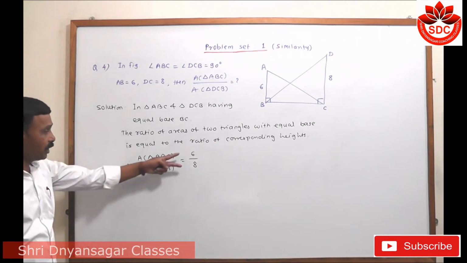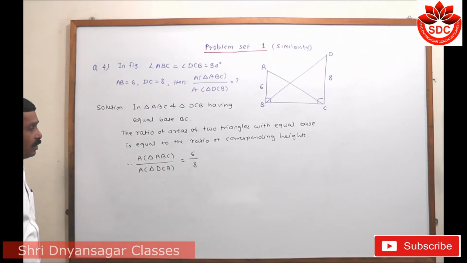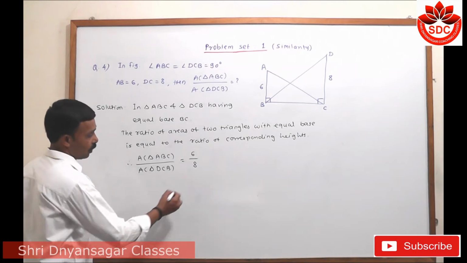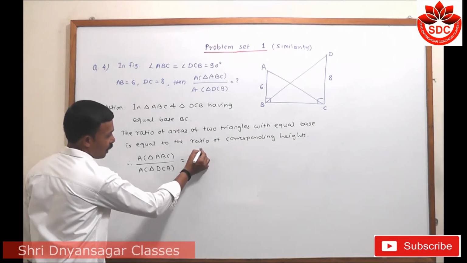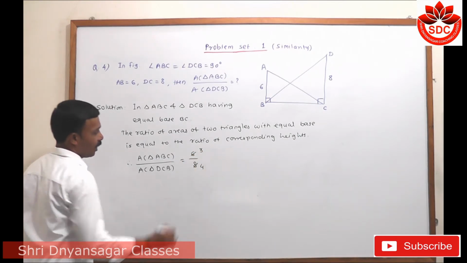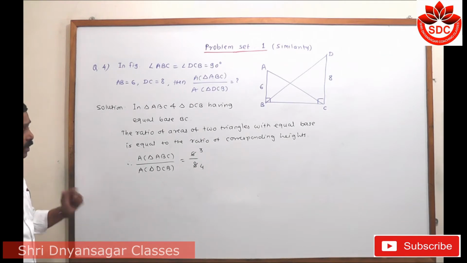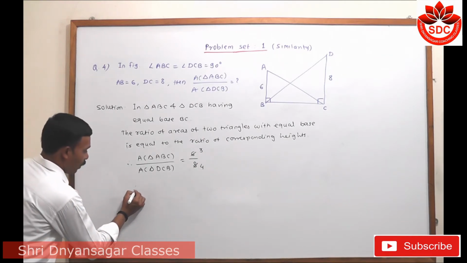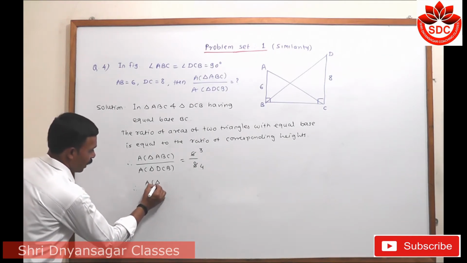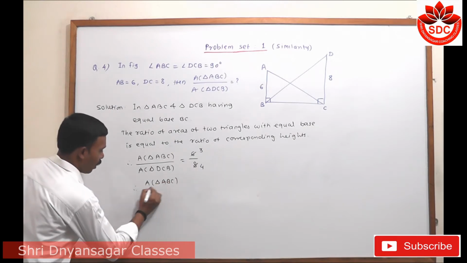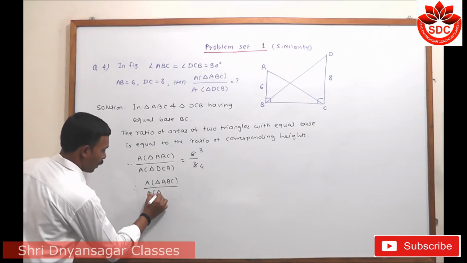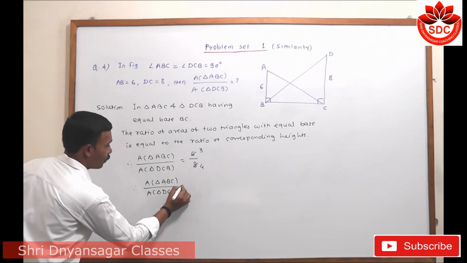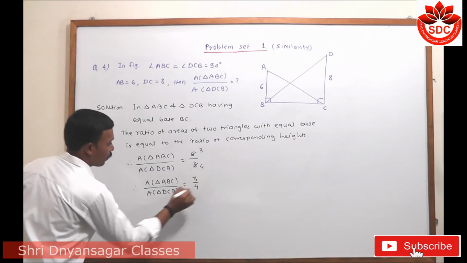Student, these two are even numbers, so we can simplify by using 2. Two 3s are 6, two 4s are 8. We cannot simplify it again, so our answer is area of triangle ABC upon area of triangle DCB is equal to 3 upon 4.